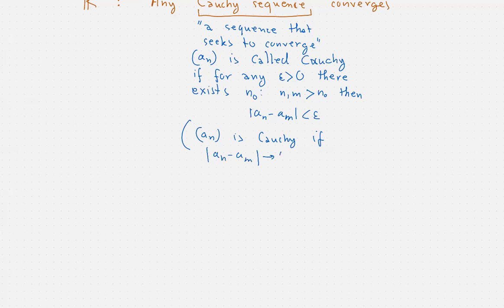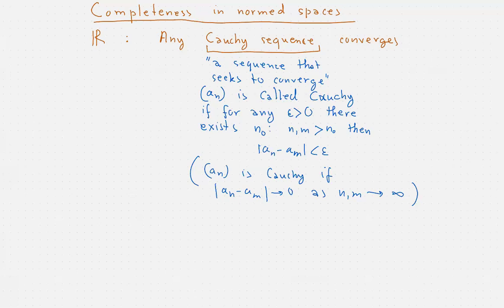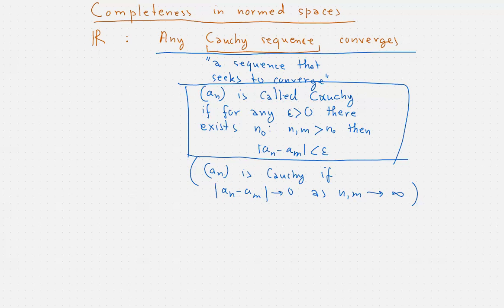Like I said, this definition is a little more precise, and it's the one that we use for most practical purposes. Basically, what the statement says is that Cauchy sequences, meaning sequences that seek to converge, and convergent sequences, sequences that actually converge, are the same.